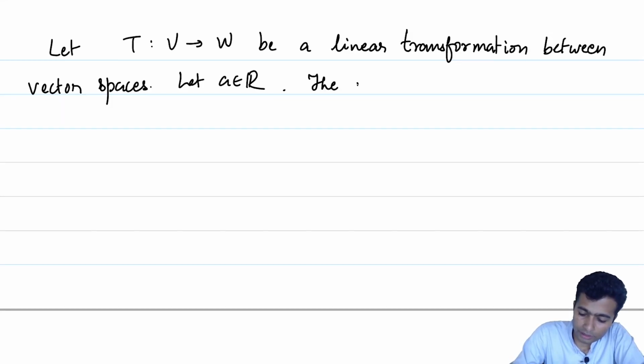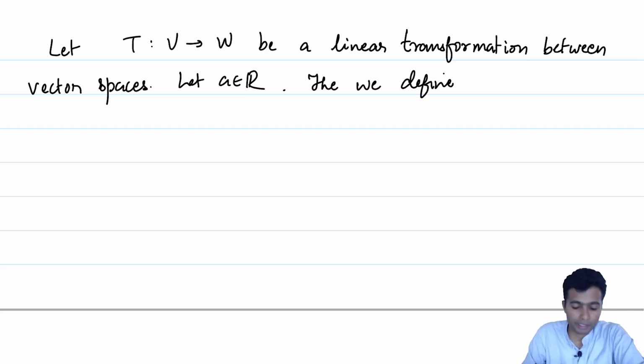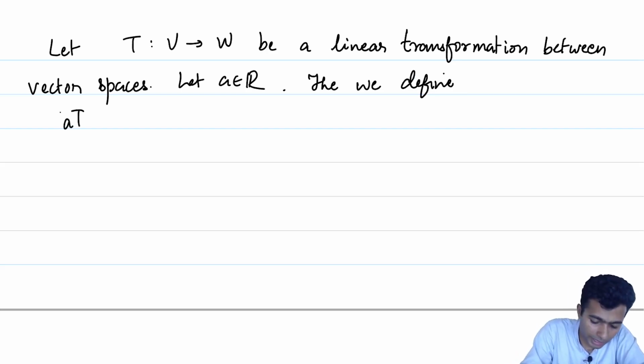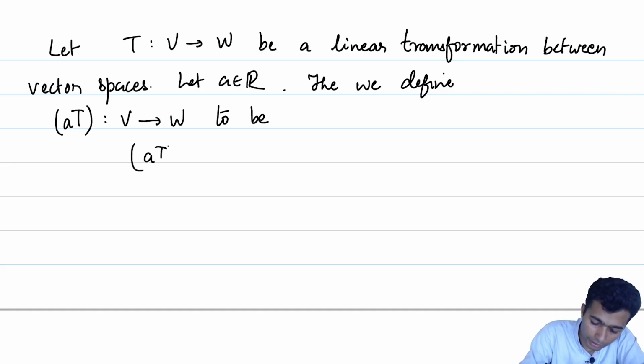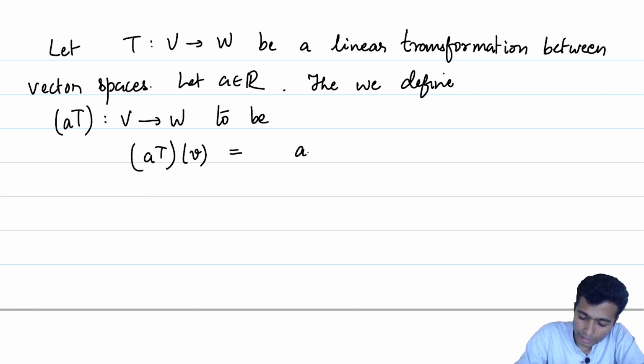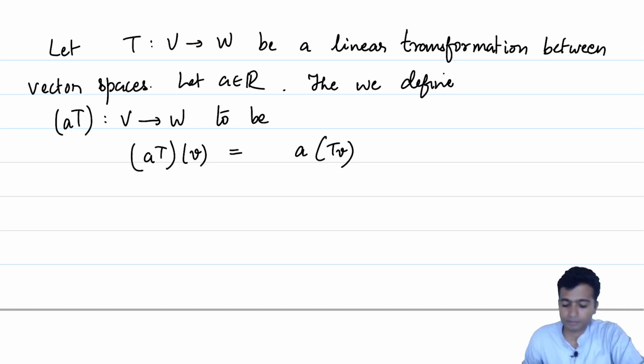Then we define the scalar multiplication of a and T, which we denote by aT. This is a map from V to W. We define (aT)(v) to be equal to a times T(v).